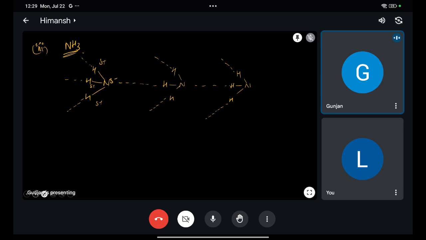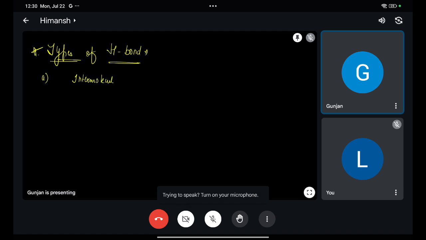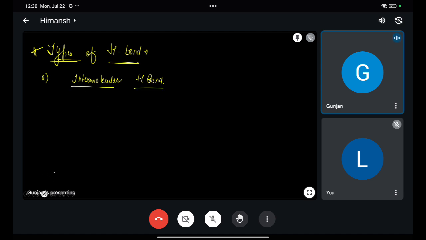And the types of hydrogen bond. We can divide it into 2 types: intermolecular hydrogen bond and intramolecular. First of all, let's discuss intermolecular, in between the molecules.